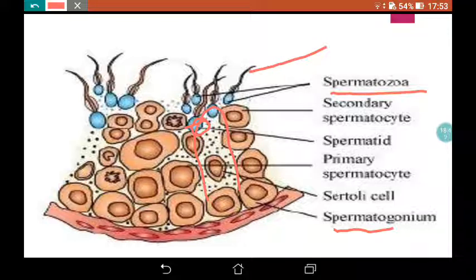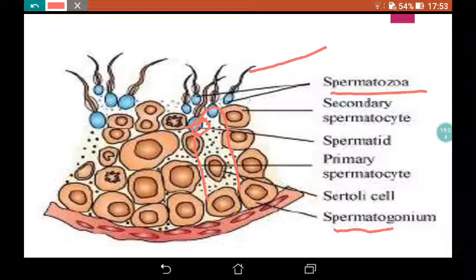After the formation of a spermatozoa, the differentiation of a spermatid into spermatozoa, the spermatozoa get detached from the Sertoli cell, and this step of detachment of matured spermatozoa from the Sertoli cell is called spermiation.